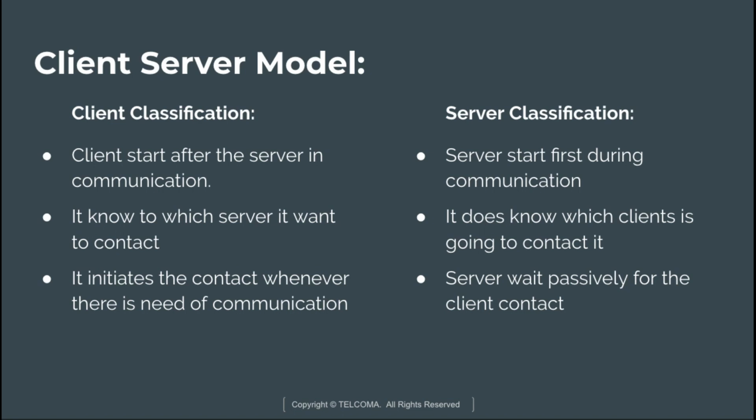The client initiates the contact whenever there is a need for communication, whereas the server waits passively for client contact. First of all, the client starts after the server starts, but the client will initiate the contact, whereas the server will wait for the client contact.